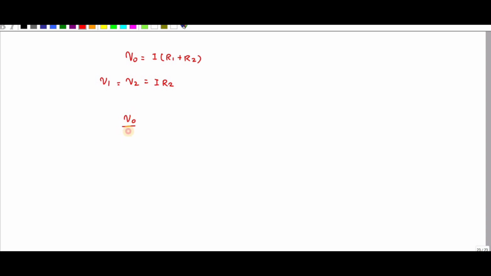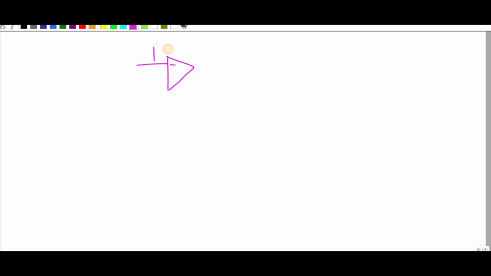So I can write V0 by V1 is equal to I times R1 plus R2 divided by I R2. This is your closed loop voltage gain, right? That is equal to R1 plus R2 divided by R2. So I can write it as 1 plus R1 by R2. So this is your gain of a non-inverting amplifier.